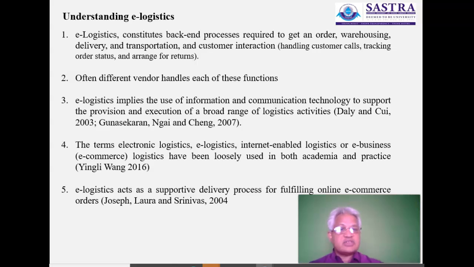It is happening through certain web-based technologies. So e-logistics constitutes customer interaction, and one of the major factors that leads to customer satisfaction is how customer interaction is effectively handled by the company.